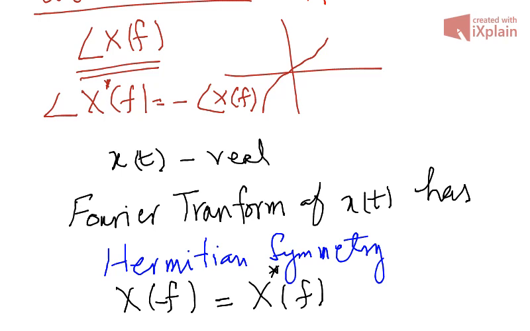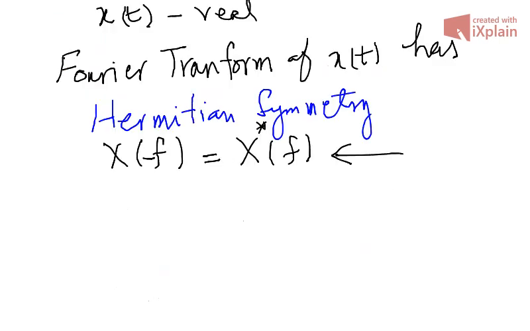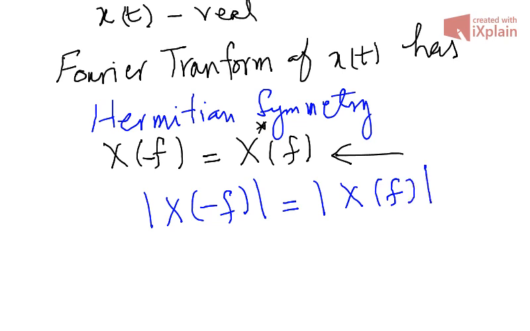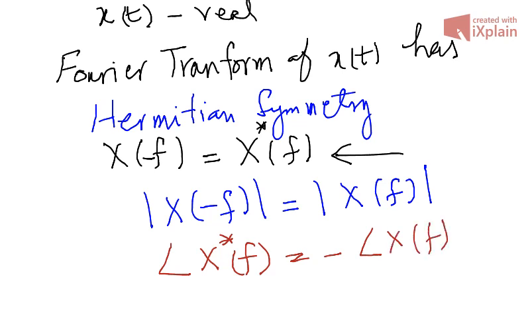When we say it possesses this symmetry, we mean that the magnitude response of X of minus f would be the same as the magnitude response of X of f, and the phase response of X conjugate of f would be minus the phase response of X. It would be the negative of this.